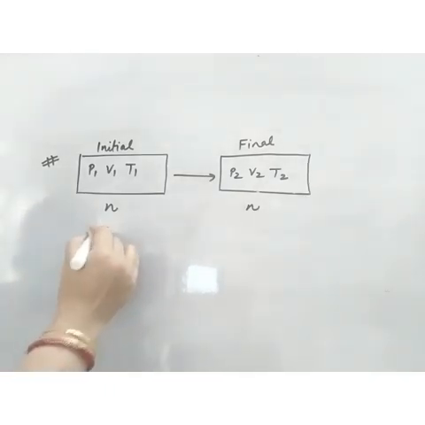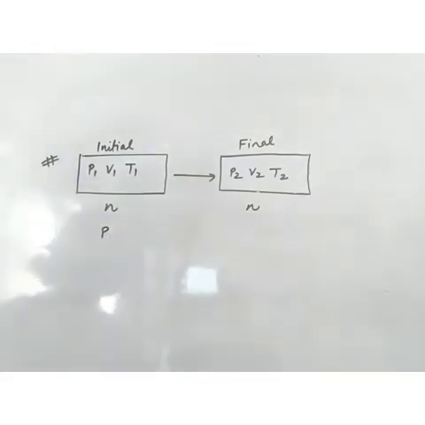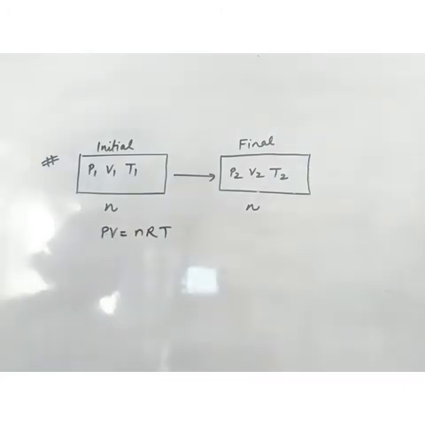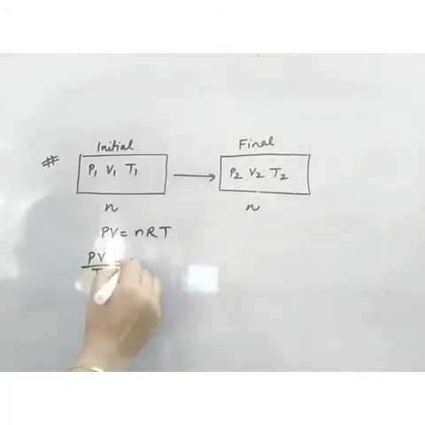Now what is the ideal gas equation, or what is the combined gas law? The combined gas law is this: PV is equal to nRT, n number of moles, R is gas constant. So I can write PV upon T is nR.